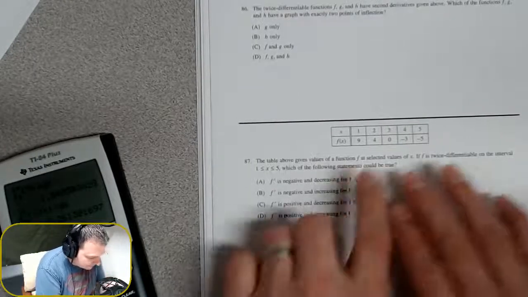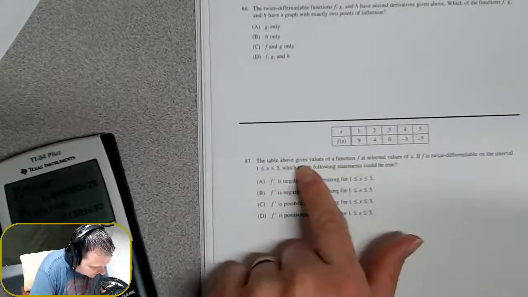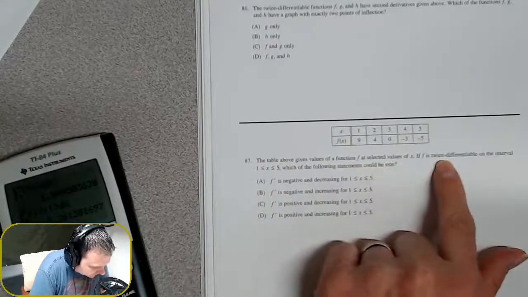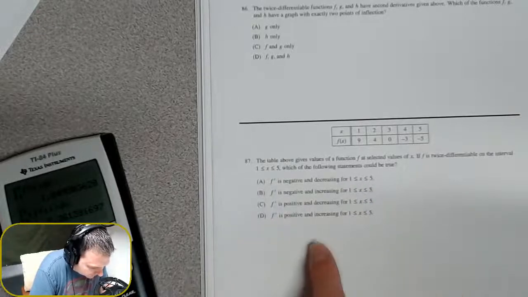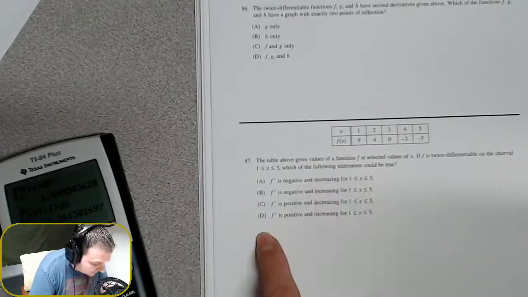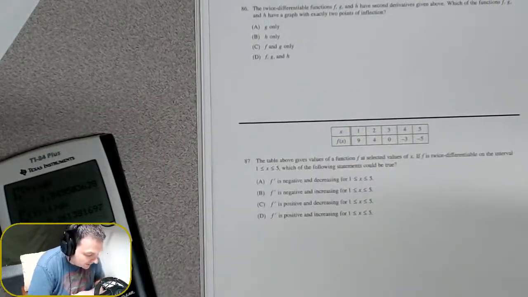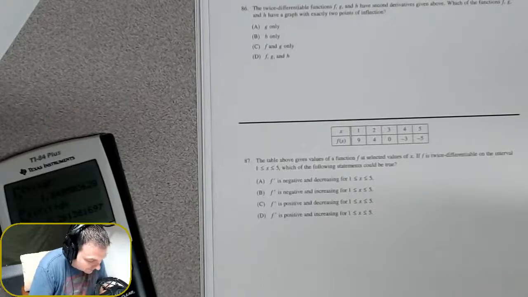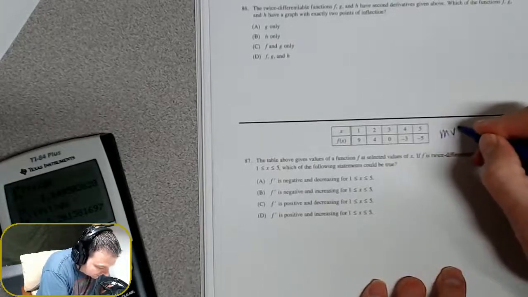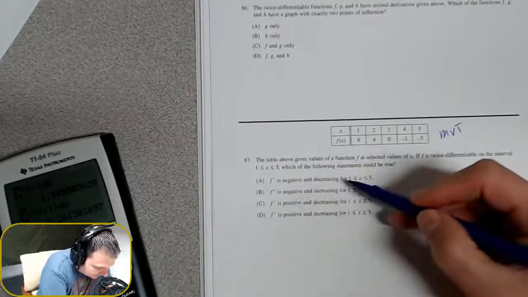Okay, there's a little data one here. Okay, once we got the data, twice differentiable function, which of the following is true? Okay, we have f, we want f prime. So how do we go from data when you have data and you want to get the derivative? Okay, we're talking mean value theorem. Okay, f is negative and decreasing.